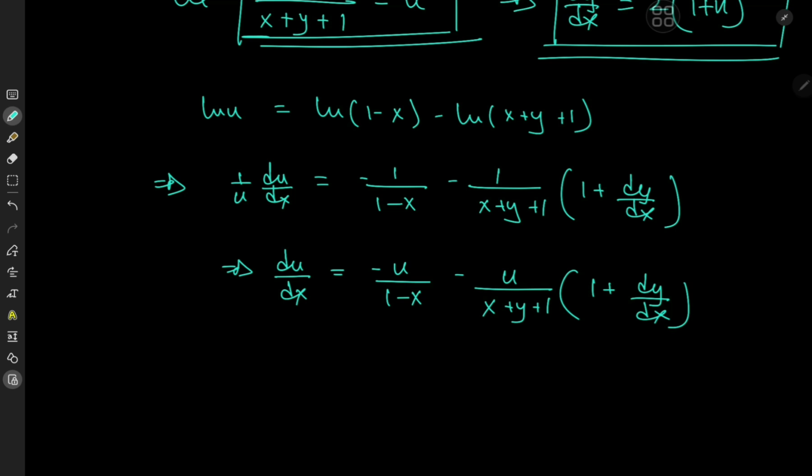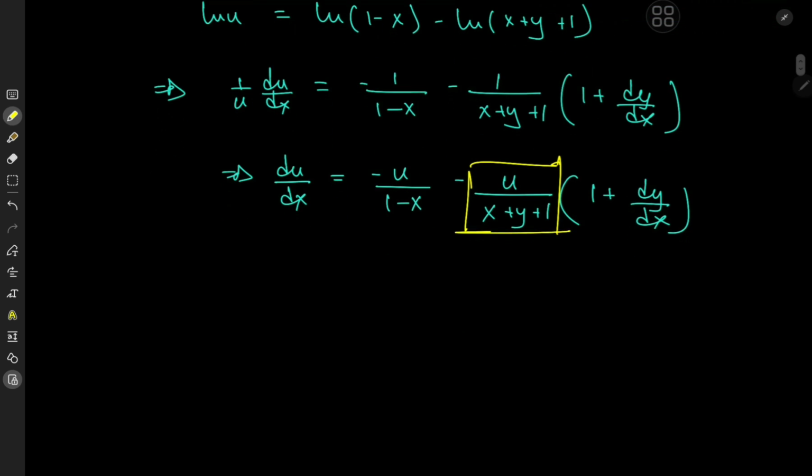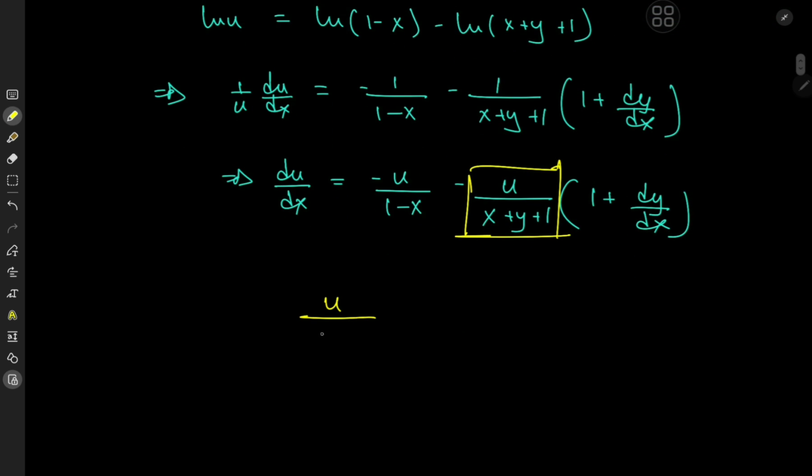Now, we could make use of the equation relating u to x and y and simplify this term just enough. So we have u divided by x + y + 1, and expanding using u, we have (1 - x)/(x + y + 1), and we have the reciprocal of x + y + 1.